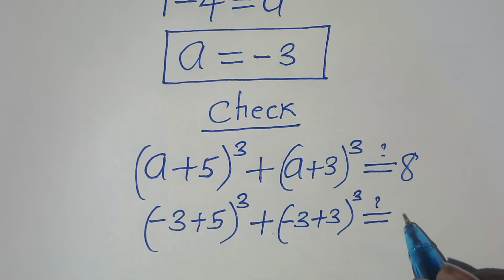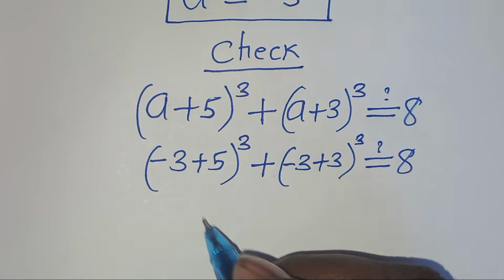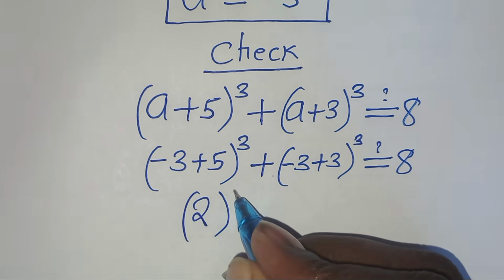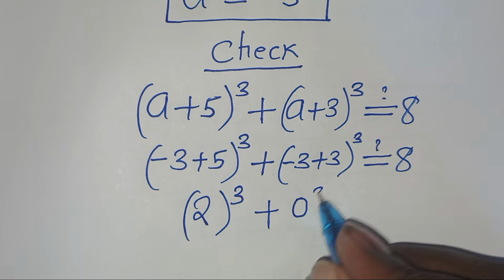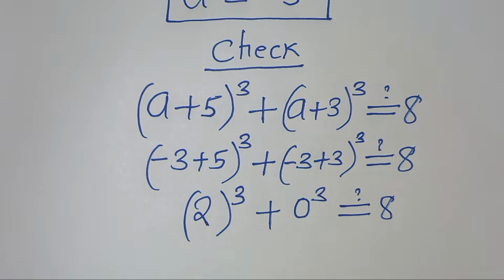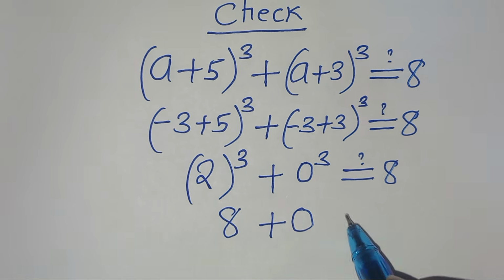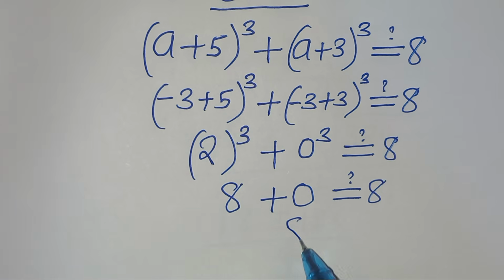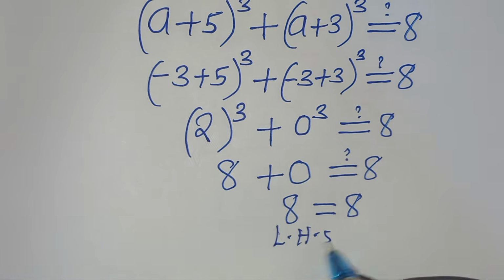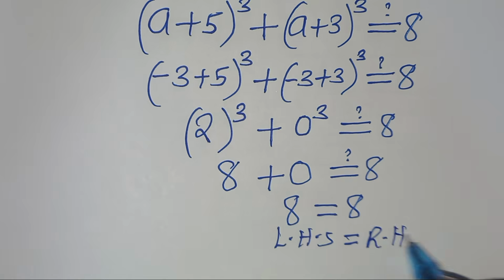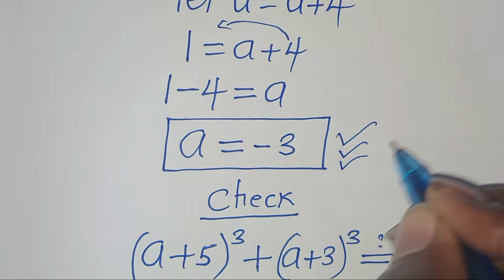Negative 3 plus 5 is 2, so we have 2 to the power of 3, plus negative 3 plus 3, which is 0, so we have 0 to the power of 3. 2 to the power of 3 is 8, plus 0, which is equal to 8. So the left hand side is equal to the right hand side, and this implies that the value of a, which is minus 3, satisfies the equation.